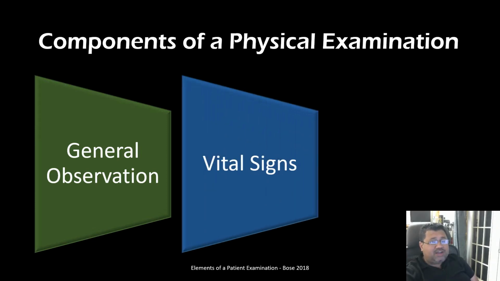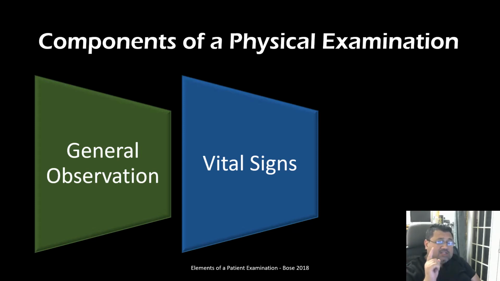The next thing is vital signs. This is where you measure the vital signs, and you state it. Typical PT education teaches you to use vital signs in cardiopulmonary examination. In medical examination, vital signs is a separate component after general observation.